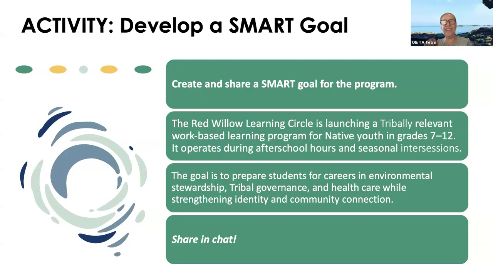The S is specific, the M is measurable, the A is something that is achievable, the R is that it's relevant, I guess again, it's connected to the needs that you identified. And then the T is it's based on a timeline. So there should be those elements in a SMART goal.